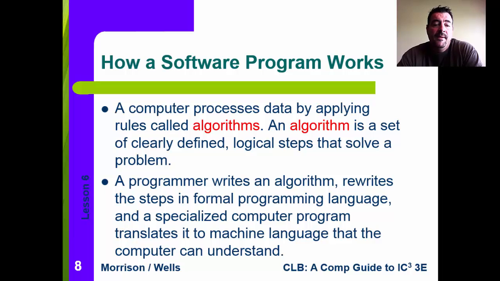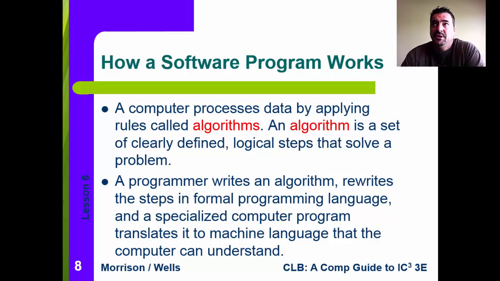That would be a great question to ask, because we're actually going to do a project where you're going to develop an algorithm. You're going to have to decide what programming language is going to be used, and I can help you out with that. So having a formal programming language, a specialized computer program will translate it into machine language.